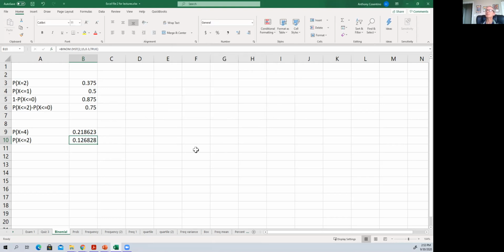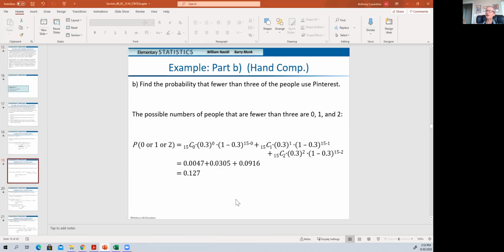And if you do that, the probability of getting 0, 1, or 2 is 12.68%. If you went back to the presentation, you see how you have to do each one separately and then add them all together? Quite tedious. When you add all those up, you get the same number as we got in the spreadsheet. Your calculators have the same function. I'll show you the slides in a little bit.